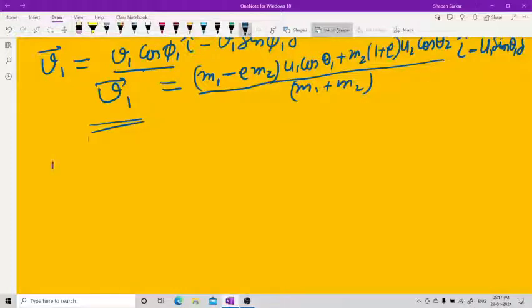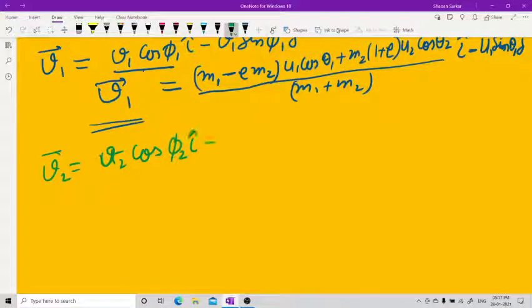V2 is v2 cos phi 2 i cap minus v2 sin phi 2 j cap. Now you know v2 sin phi 2 is the same as u2 sin theta 2.